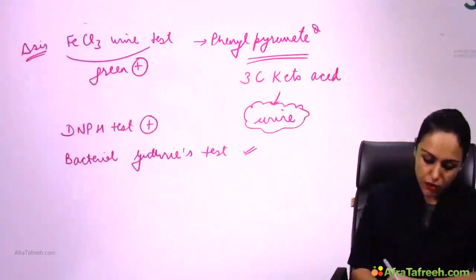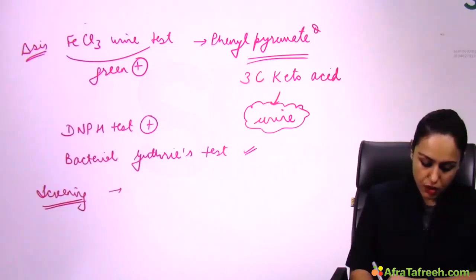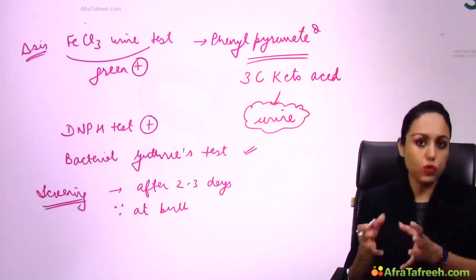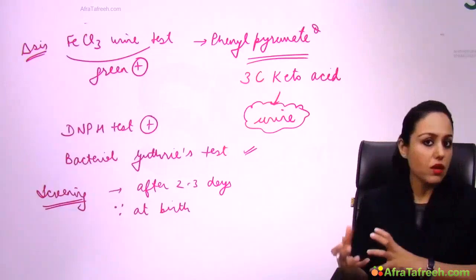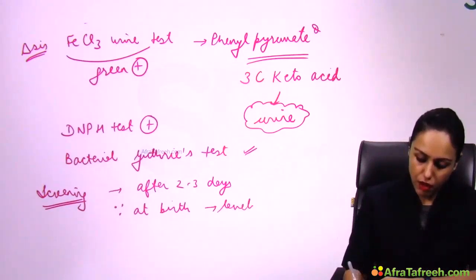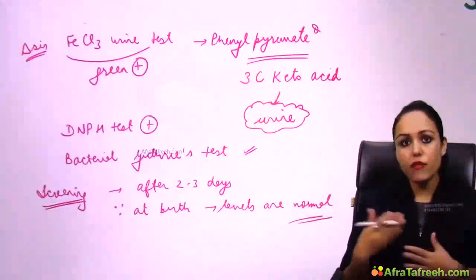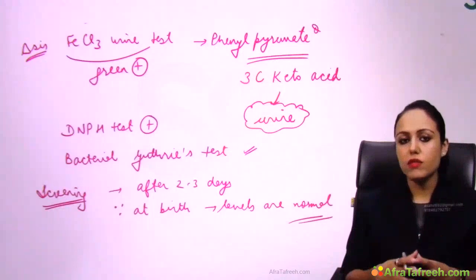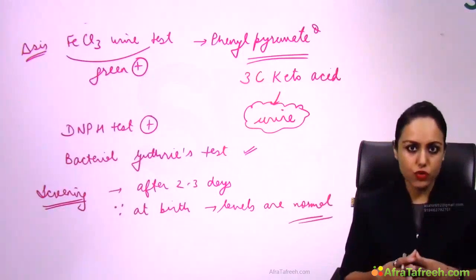Screening of these patients is done by these tests, but screening should be done after 2-3 days of birth, because within the first 2 days of birth, because of the maternal enzyme which is normal, levels are normal. So levels will be decreased after 2-3 days only. So screening of these patients is especially done after 2-3 days, right?